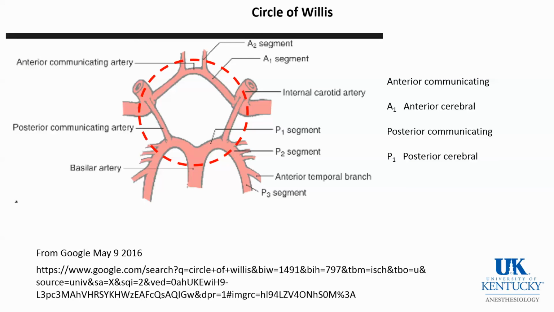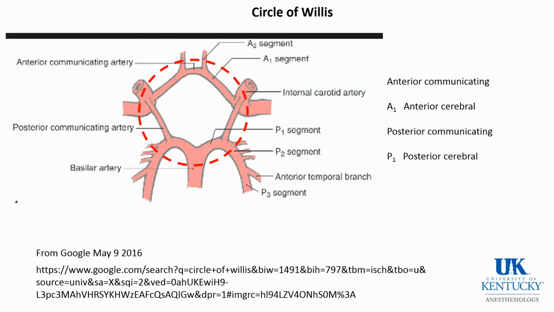One important component of the cerebral circulation is the circle of Willis. This is made up of one anterior communicating artery, a pair of anterior cerebral arteries, a pair of posterior communicating arteries, and a pair of posterior cerebral arteries.